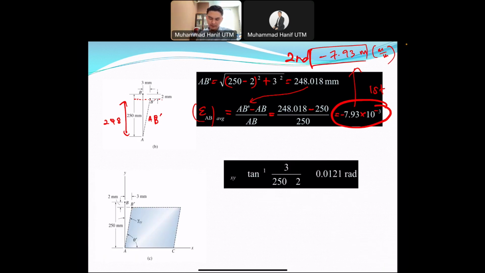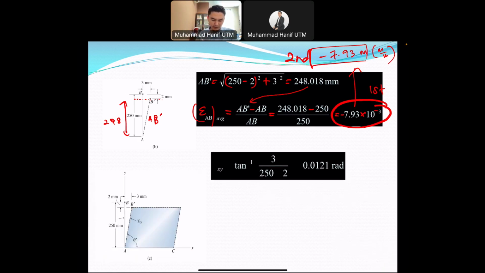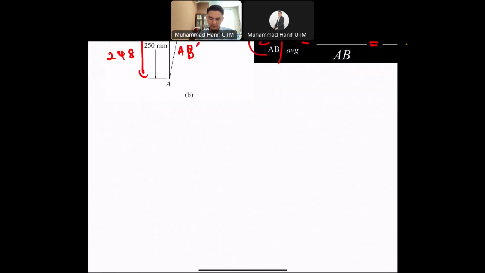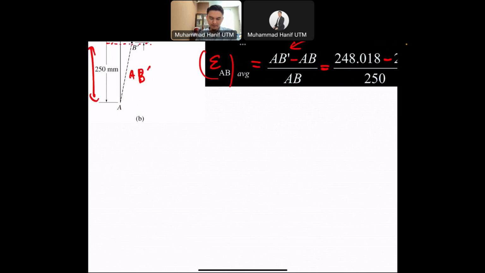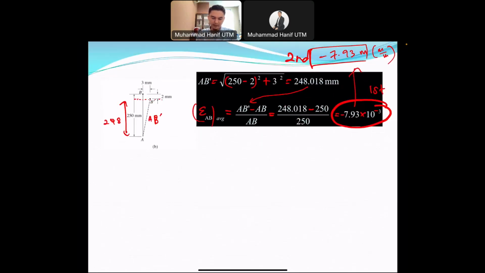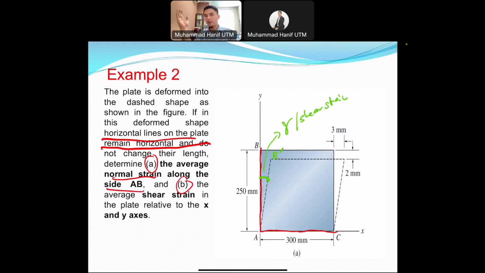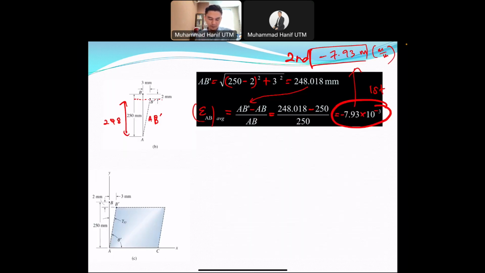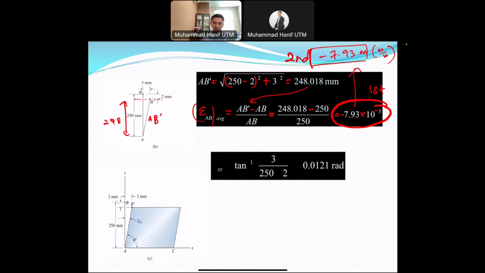The second one is the shear. As I mentioned from the previous slide, the thing that you have to find for the shear is the angle from the original vertical line to the deformed vertical line, which is the gamma there. So you can calculate the gamma also from the trigonometry equation.